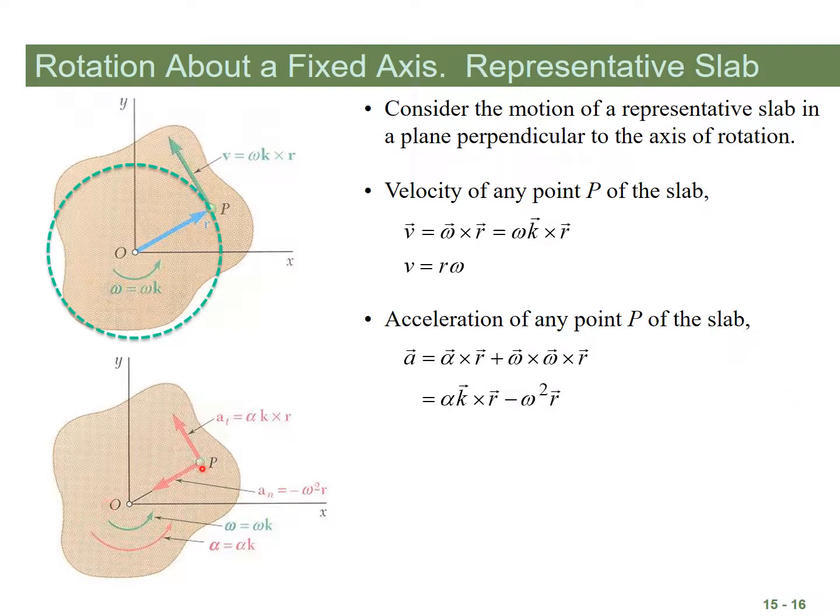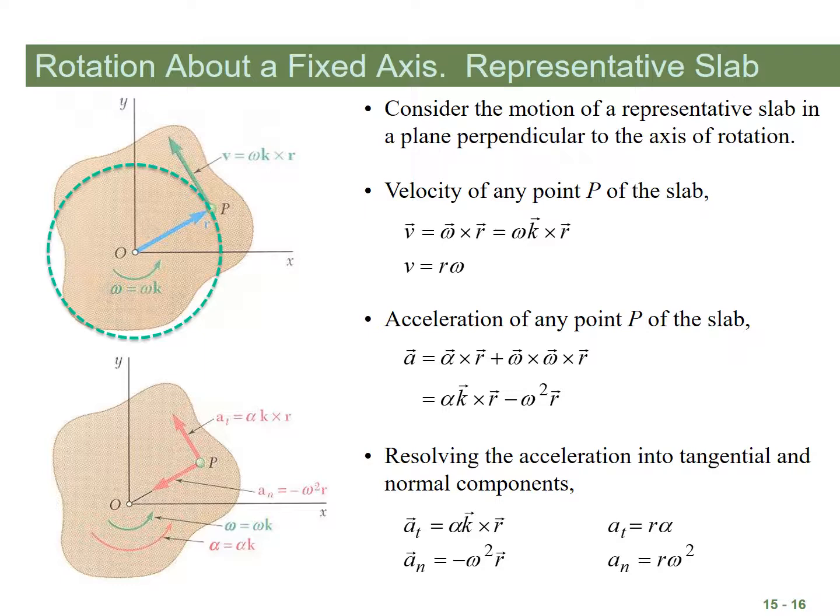The normal piece of acceleration always points towards the axis of rotation. Tangential could be speeding up, could be slowing down, it could be going left or right. So you don't really know the direction of tangential, but this normal component does always point towards the axis of rotation. It's always pulling it away from that straight line motion and keeping it going in a circle.